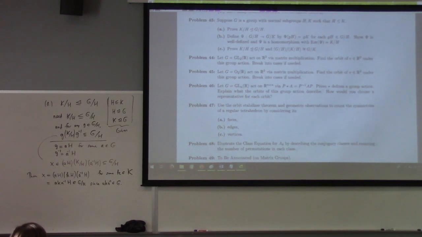I think at this point we've shown that G, K mod H, G inverse is a subset of G mod H for arbitrary G. Right.